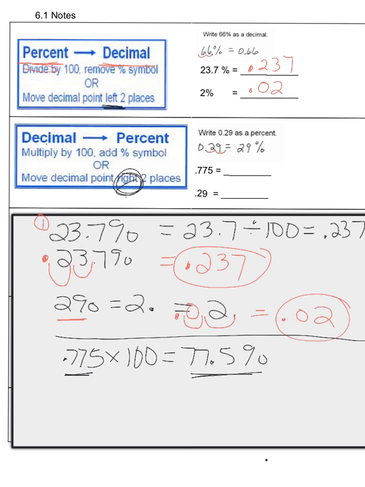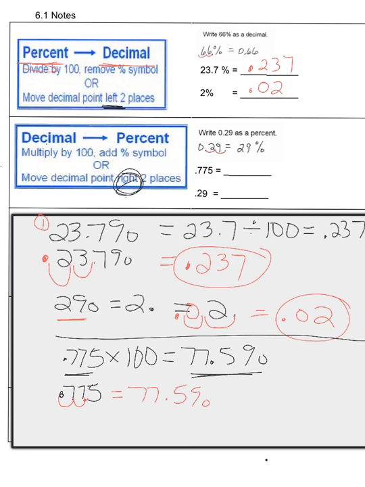Okay, so if I look right here, I have my decimal is 0.775, and I simply move my decimal place 2 to the right. So 1, 2. So I can see the new decimal point goes there, so my answer is 77.5%.